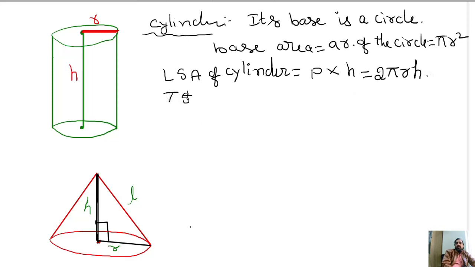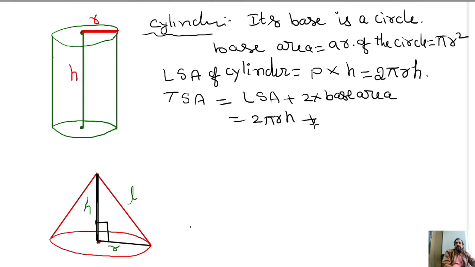Now TSA, total surface area, is LSA plus 2 into base area: 2 pi r h plus 2 pi r square.